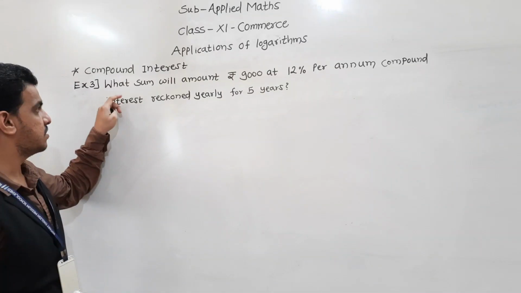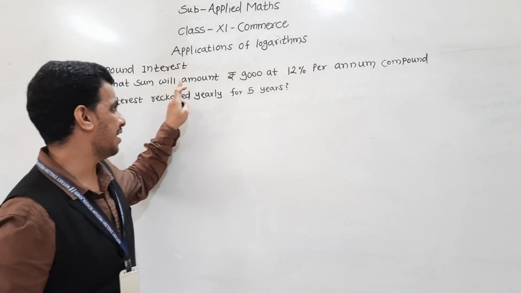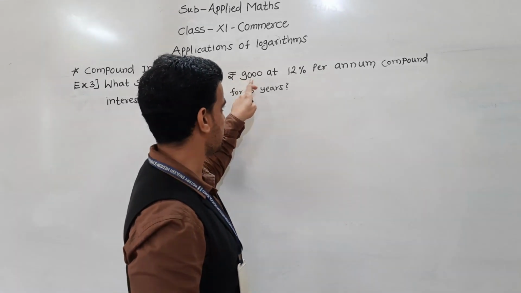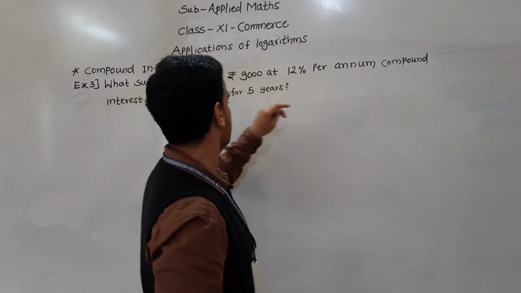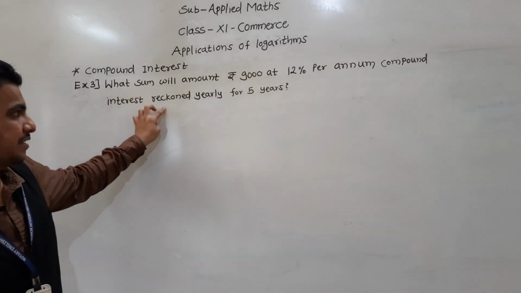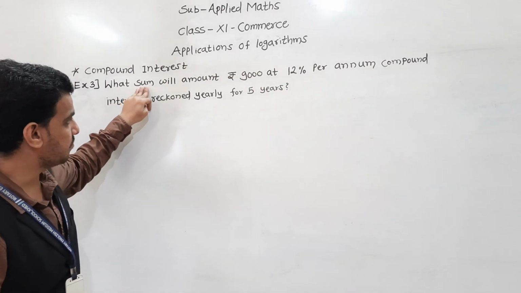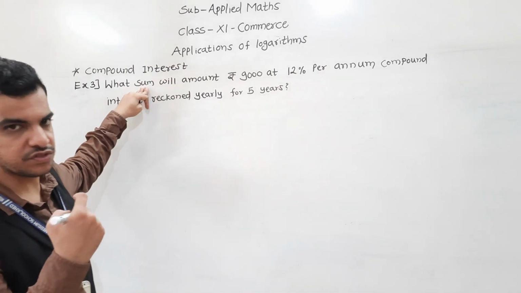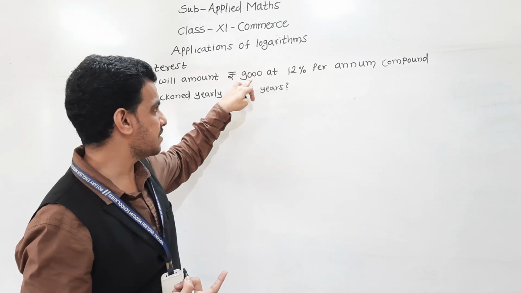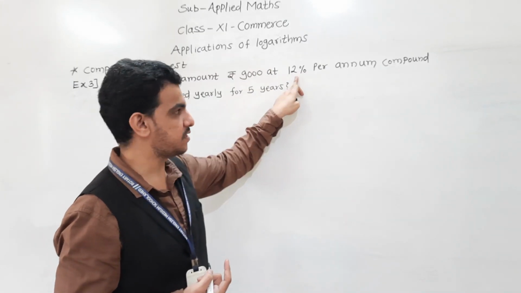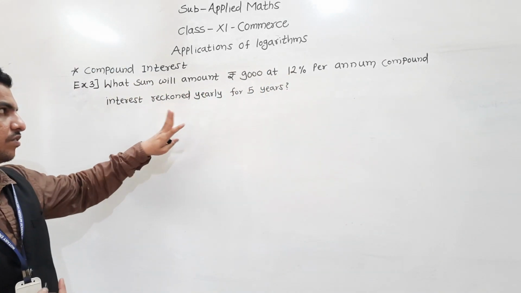The third example is what sum will amount to rupees 9,000 at 12% per annum compound interest reckoned yearly for 5 years. Okay, so here we have to find principal amount which gives amount rupees 9,000 at 12% per annum compounded yearly for 5 years.